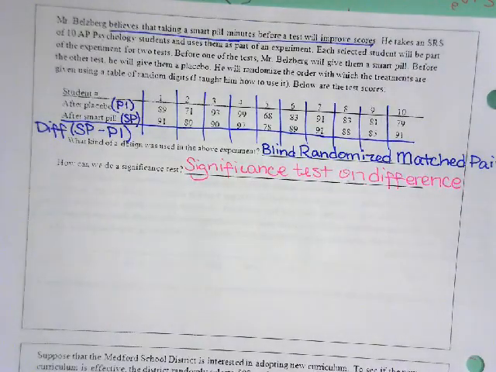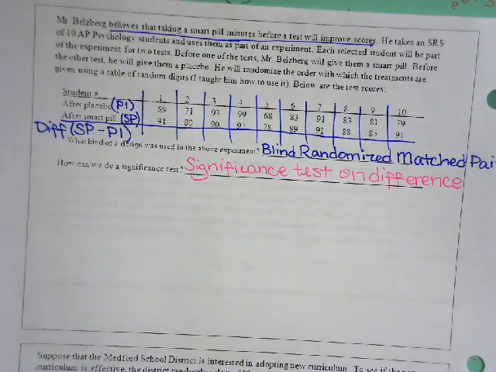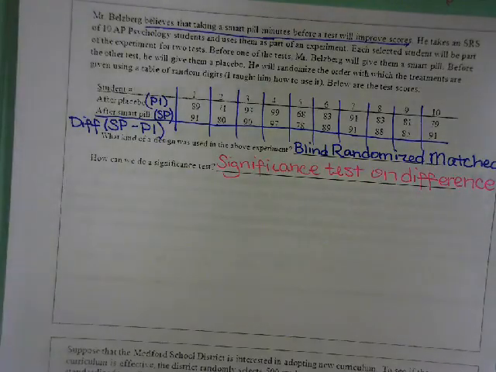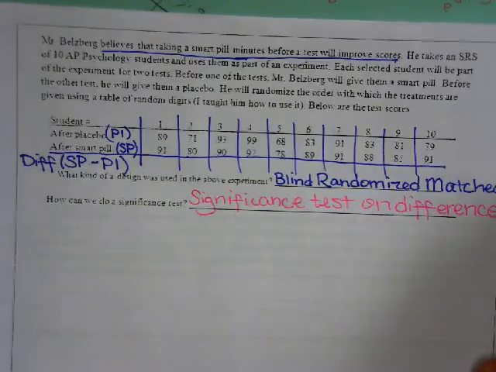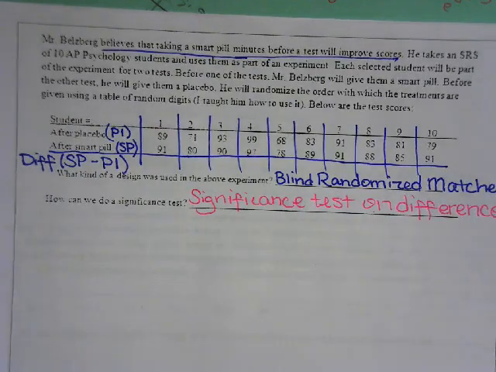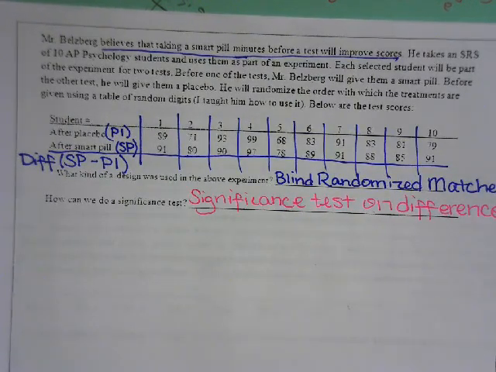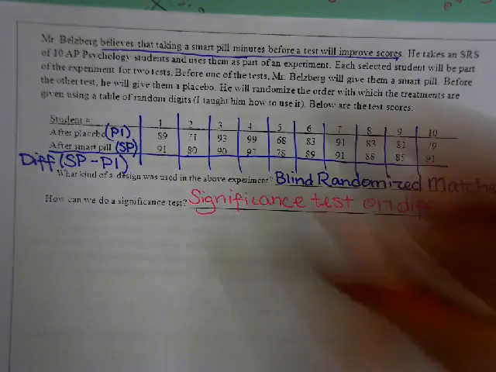It's a little odd because the smart pill is on the bottom, so we're going to do subtraction upwards. So we're going to do 91 minus 89, which is 2. And then 80 minus 71, which is 9.